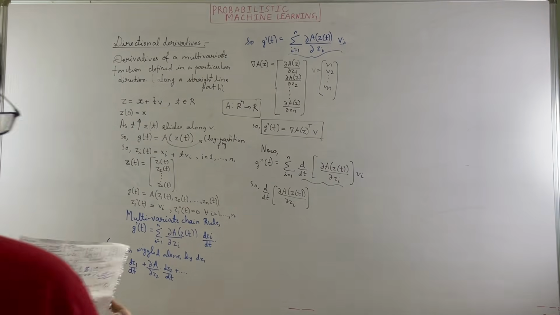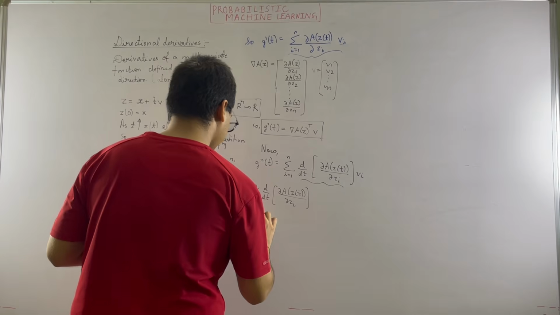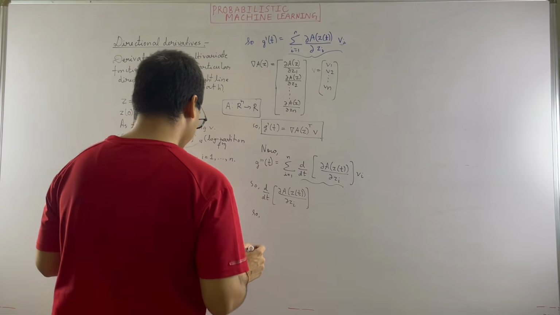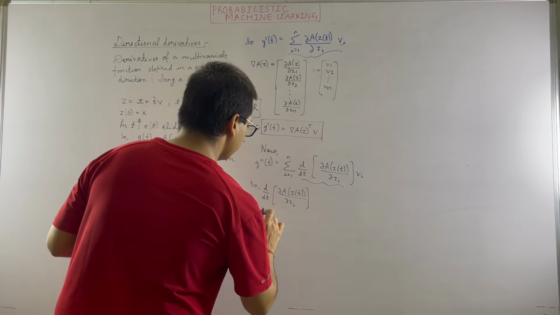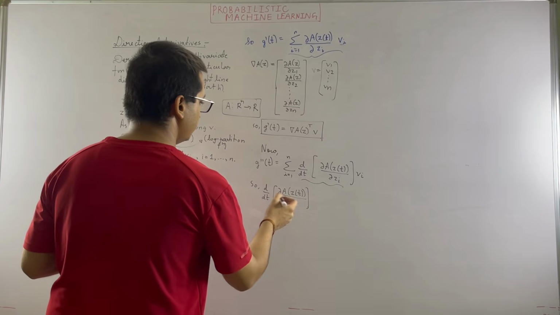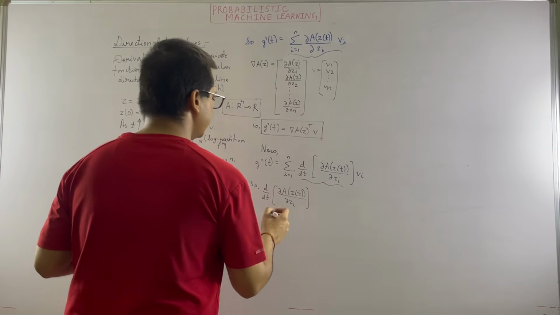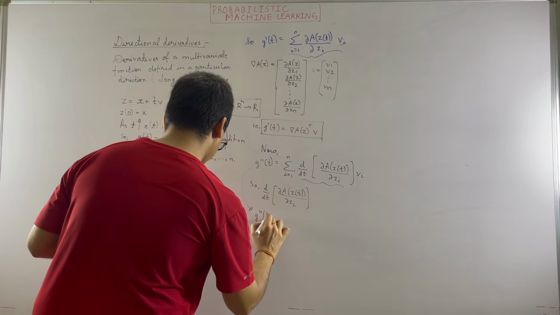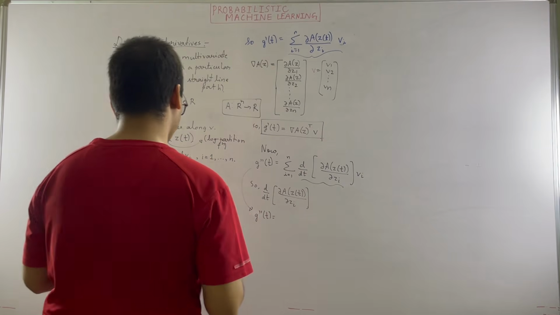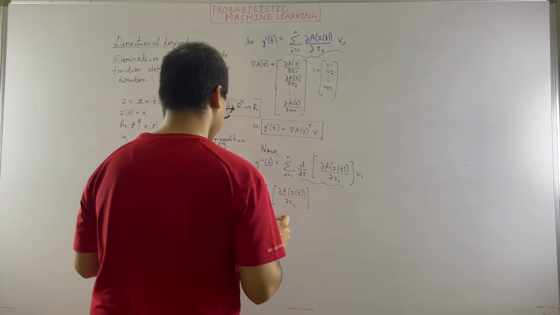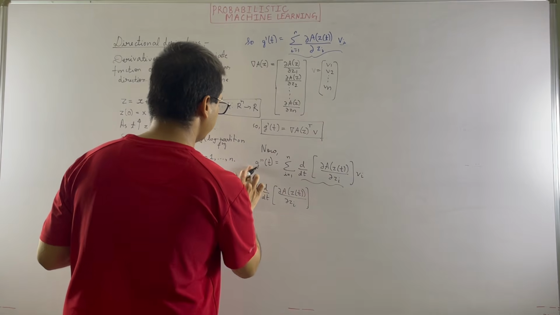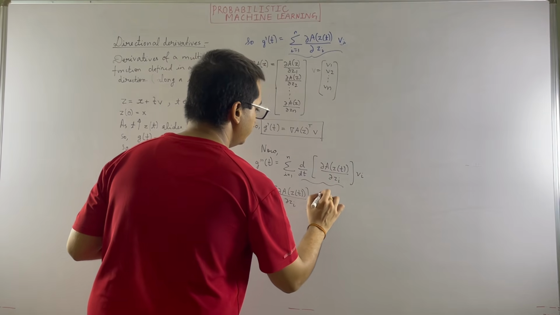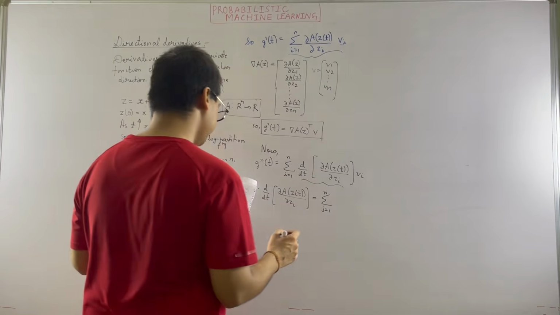So what I can write is g double dash t is basically equal to, if I just write this term first, since I have already used i, I will use another index j for the sum.